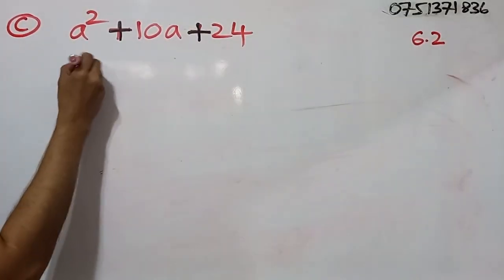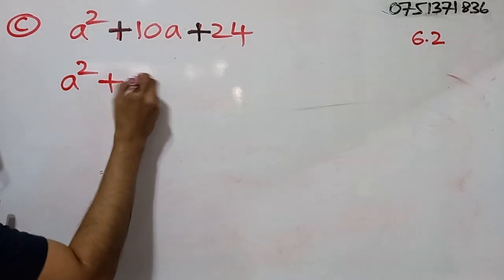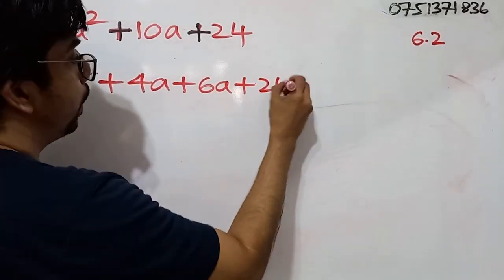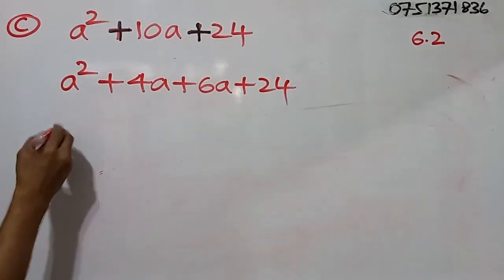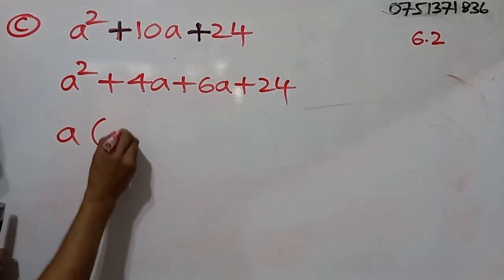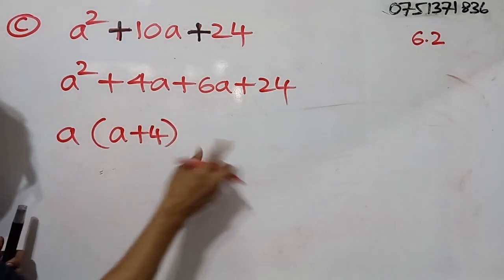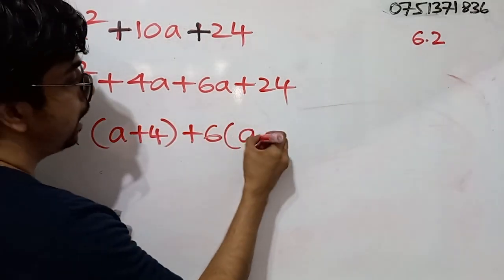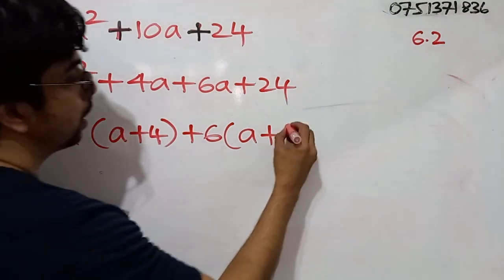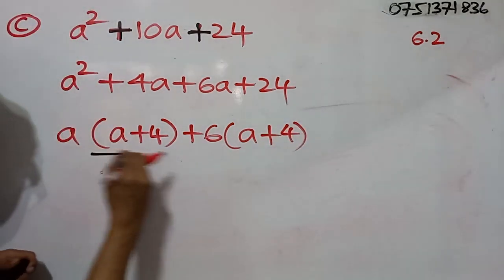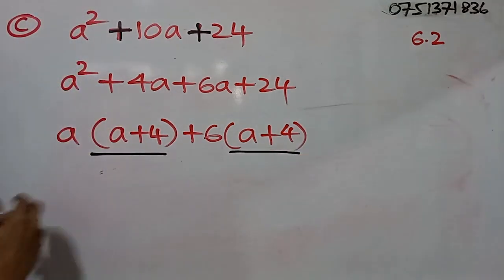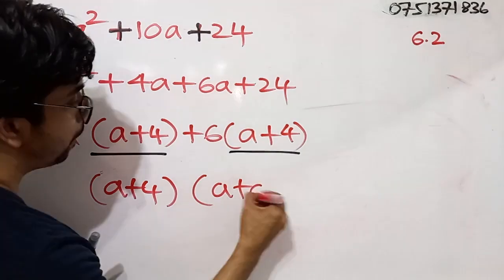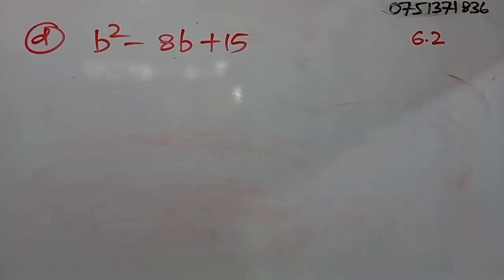So a squared plus 4a plus 6a plus 24. When we consider these two, common factor is a. So what goes inside? A plus 4. When we consider these two, common factor is 6. What goes inside? A plus 4. Now these two expressions are common. So that means a plus 4 into a plus 6. That is the answer. Okay.